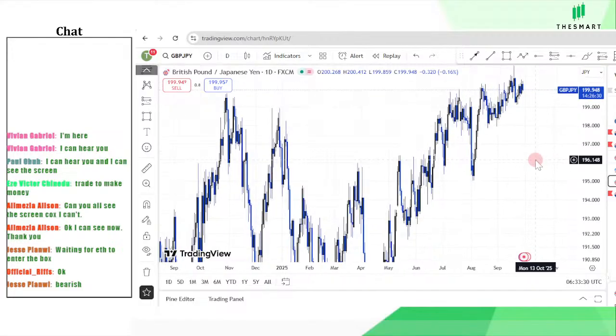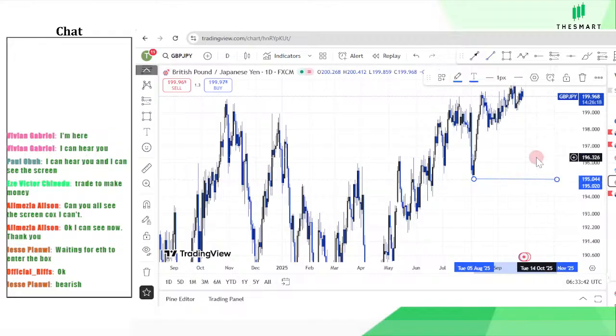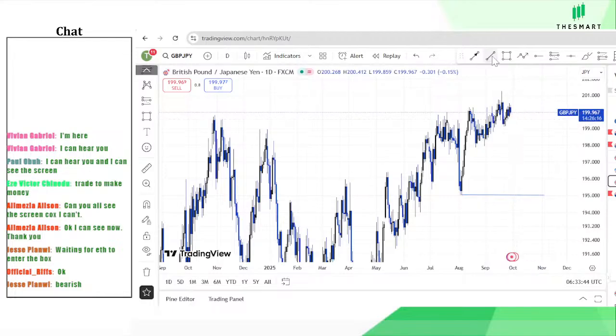All right, so let's see. Looking at it from this range, this was the last break of structure on the daily time frame.